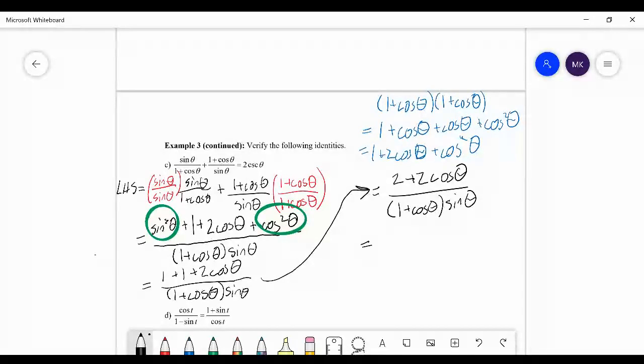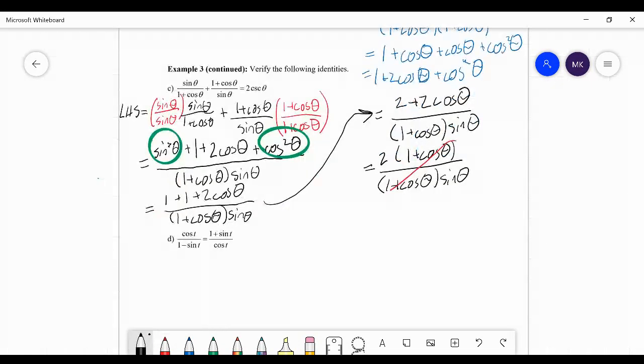And if I do that, I get 2 times 1 plus cosine theta over 1 plus cosine theta sine theta. And those cancel out, leaving me with 2 over sine theta, which is just 2 cosecant theta, which is our right-hand side.